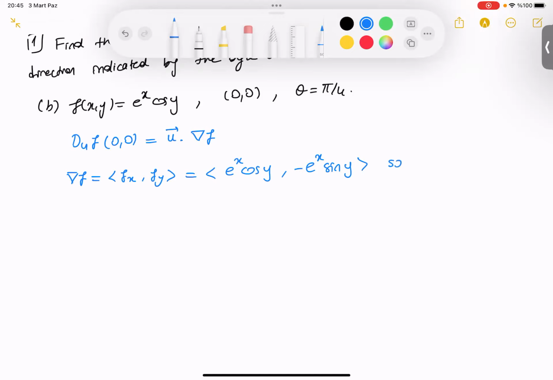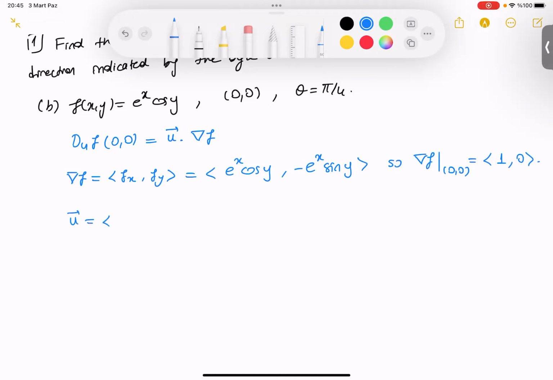So at the given point 0, 0, you get what? You just plug x equals 0 and y equals 0. E to the 0 is 1, cosine 0 is 1, so you get 1 in the first component, and for the second one, sine 0 is 0, so you get 0. Now, what about the vector u?